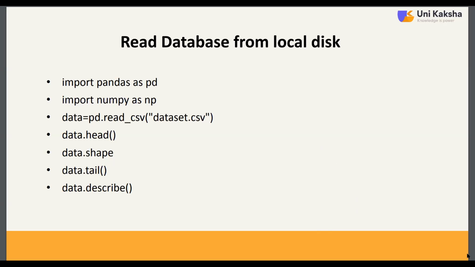Then data.head, data.shape, data.tail, as well as data.describe. These different functions will give us information as well as the shape, the number of rows and columns of the data, and the overview of this data. Next slide, please, sir.